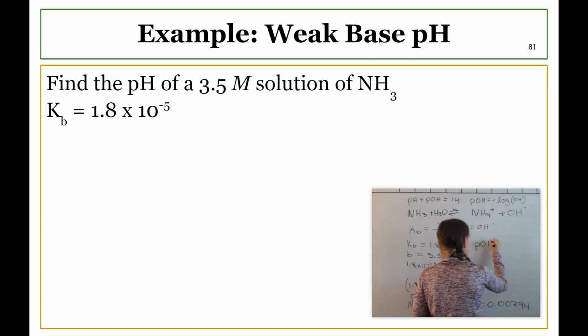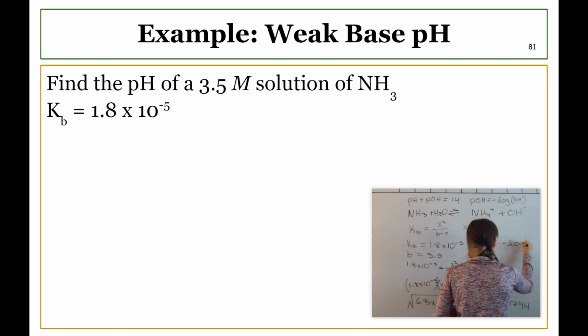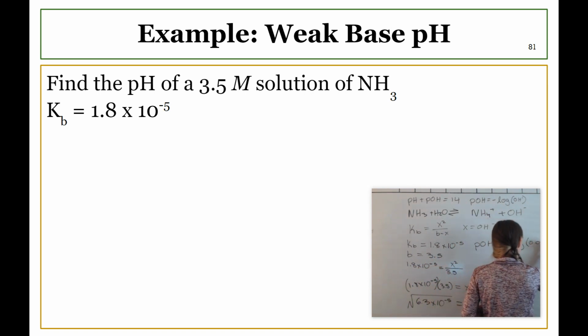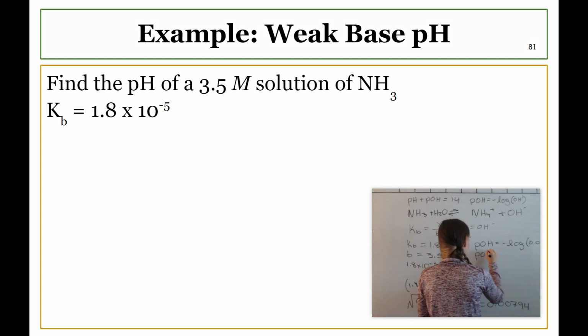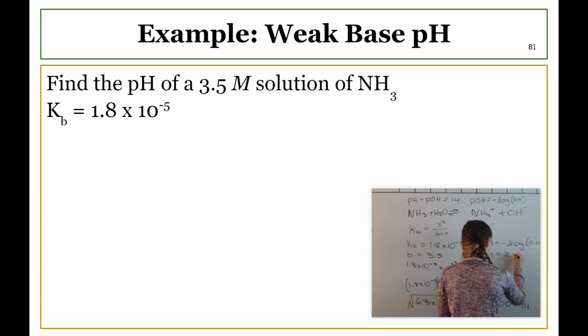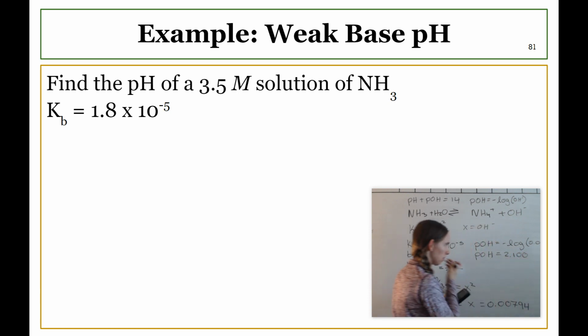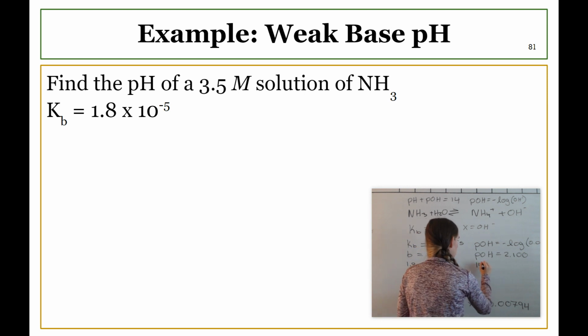So now pOH is equal to the negative log of 0.00794, that's going to get us pOH. So pOH is equal to 2.100. Of course, the problem is asking for pH, so subtract from 14.